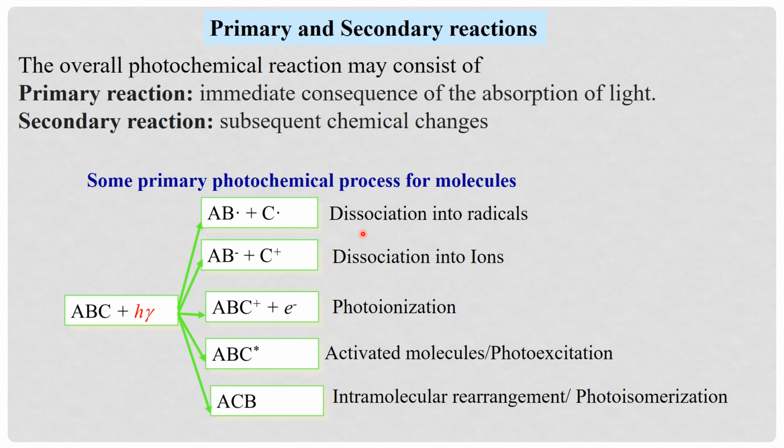It can be dissociated into radicals or into ions, or it can involve photoionization, or the light absorbed by the molecule brings excitation in that molecule, that is called photoexcitation, or the molecule is rearranged by absorption of light.